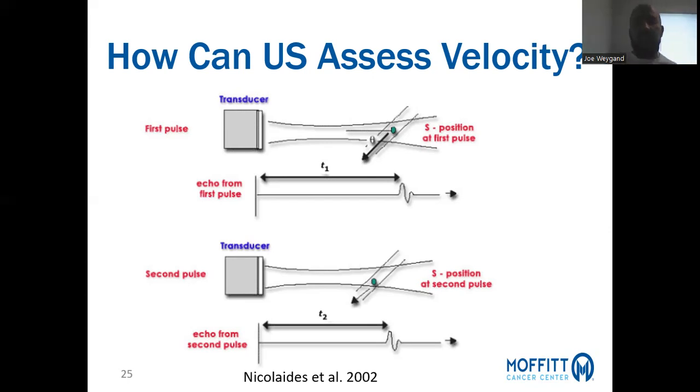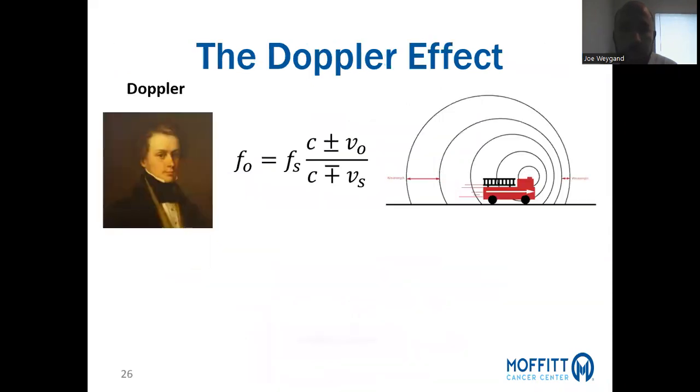If you look at the difference between these two times, T1 and T2, and take into account the direction in which the particle is moving, you can actually use time of flight methods to determine the velocity of the particle. However, this is a very inefficient means of calculating velocity because you need multiple pulses. It's more efficient to perform this measurement in the Fourier domain, so the temporal frequency domain.